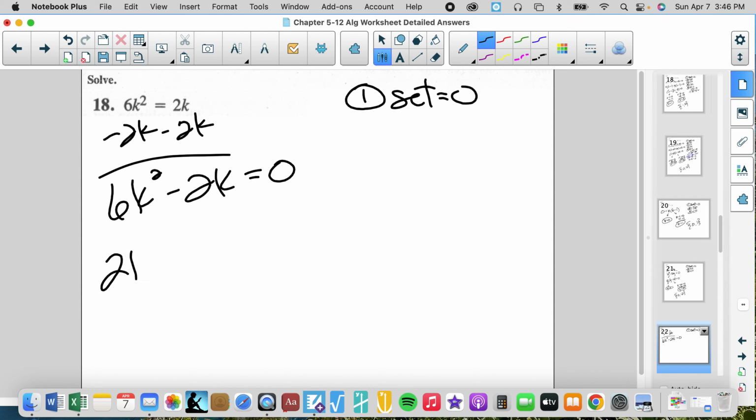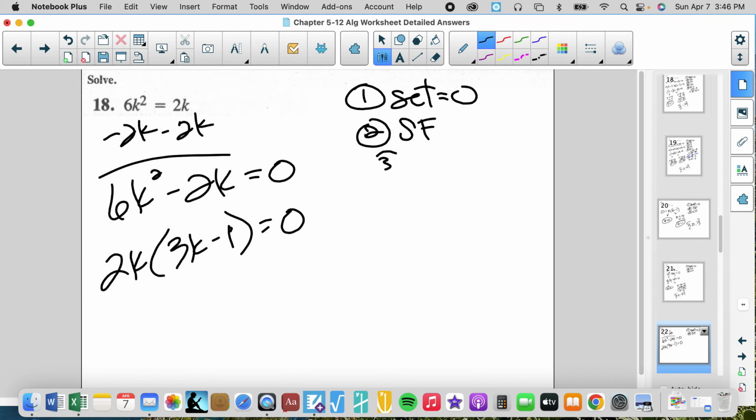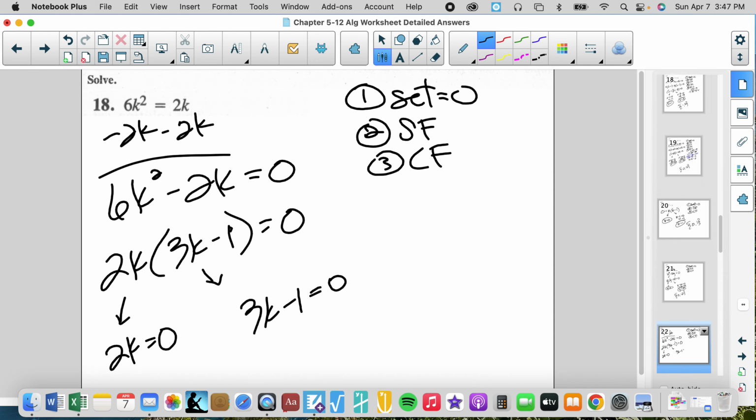We can factor out a 2k here, and we get 3k minus 1 equals 0. So, standard form, yes, common factor. So that's where we are. Product of two things. What value for k makes that equal to 0? And what value for k makes this equal to 0?